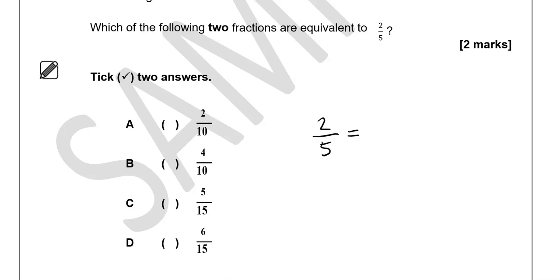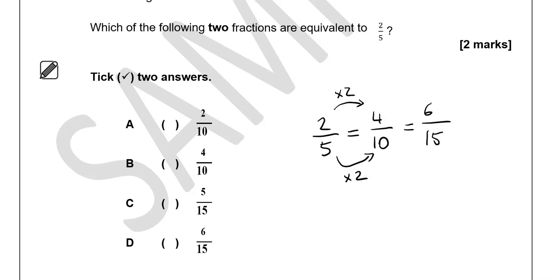So if I multiply by 2, this will be 4/10. So multiplying 2 by 2 gives me 4, multiplying 5 by 2 gives me 10. Or if I multiply by 3, then I would have 2 times 3 is 6, 5 times 3 is 15. Or multiplying by 4, 5, and so on, any number.